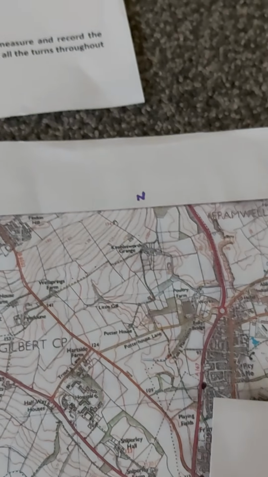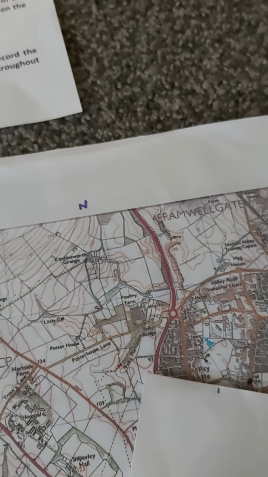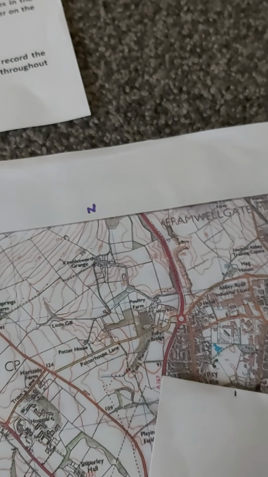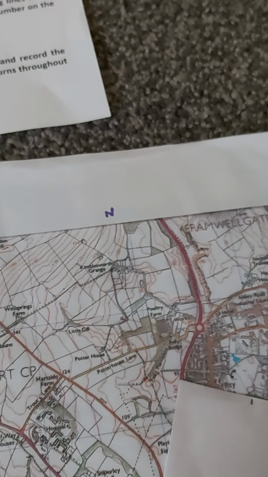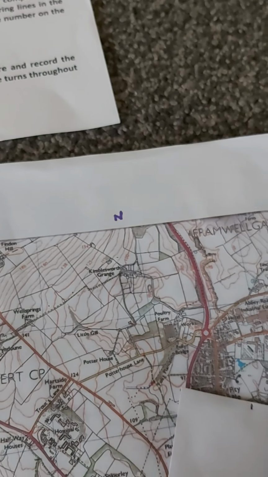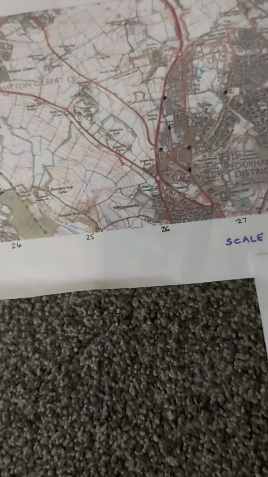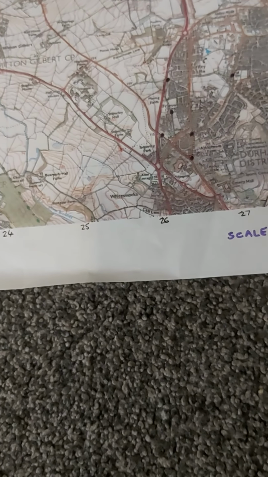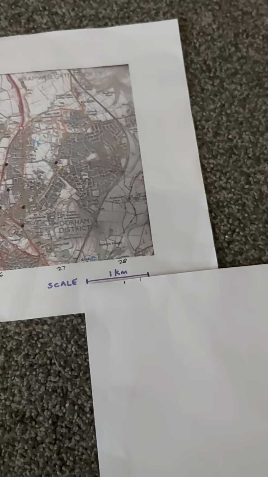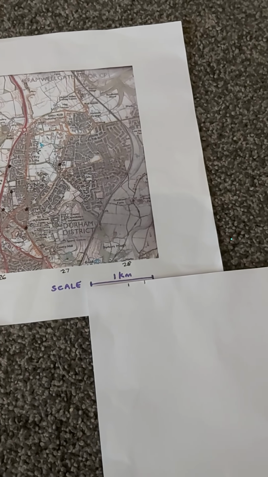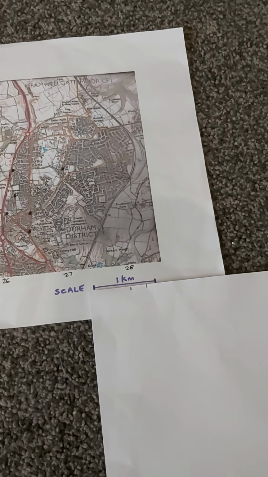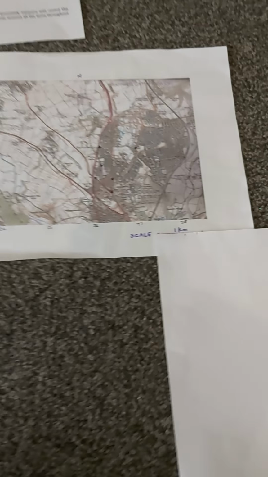And then from that point to my end point, which is there. And again, I can put that against my measure, and again, I'm looking at about 800 meters. So that's what I'm going to put down.